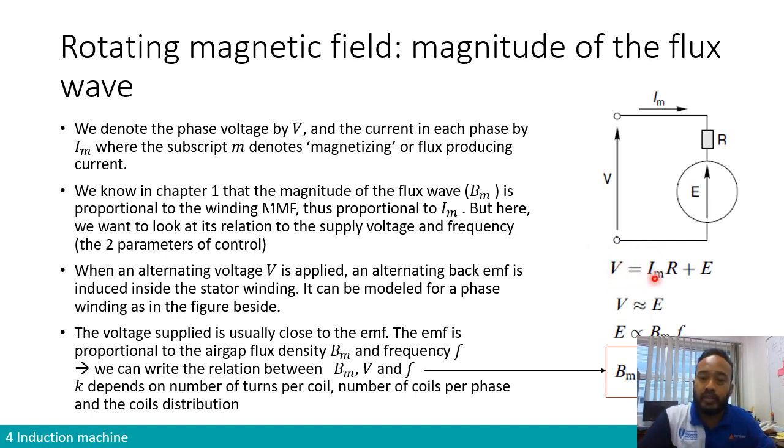Okay, so from what we call the equivalent circuit of one phase, we can write an equation like this. Using your KVL, the voltage supply equals the voltage across the resistor, which is Im multiplied by R, plus the back EMF. In an operating machine, just like in a DC machine, if it is properly operating without too much load, the voltage is going to be more or less equal to the back EMF.